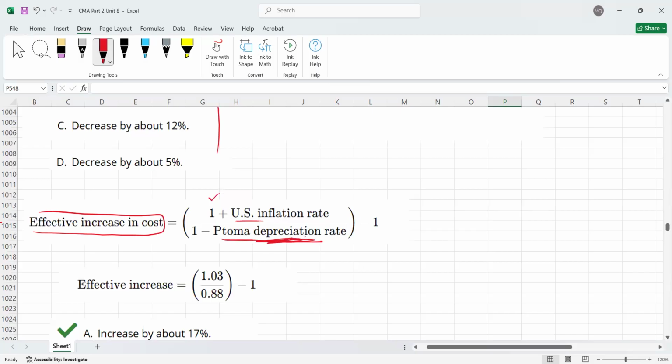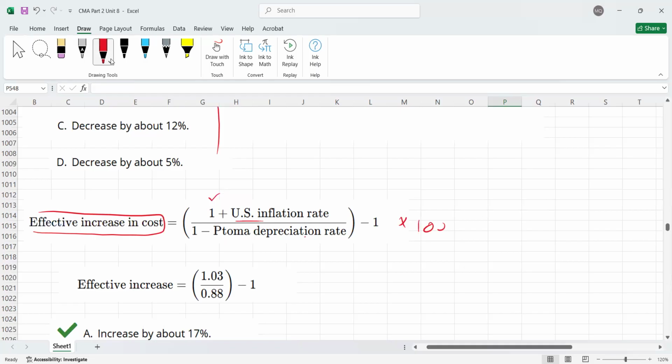If the Potama currency is appreciating, this formula will be modified: it will be 1 plus Potama appreciation rate. But our Potama currency is depreciating, so you take 1 minus Potama depreciation rate, then minus 1 and multiply by 100. You will get the answer in percentage.